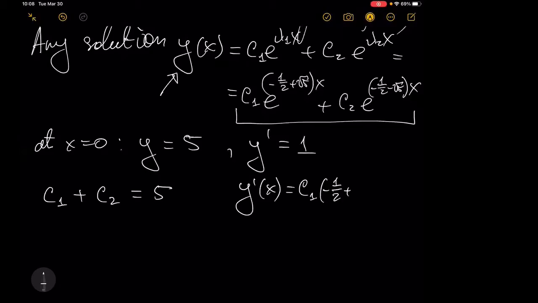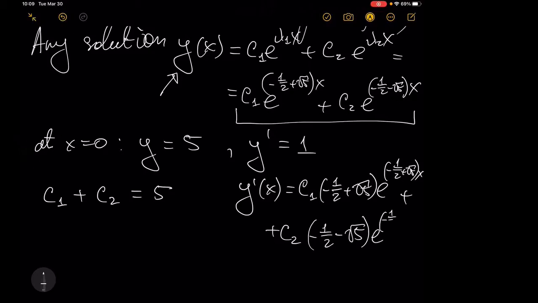Now I need to compute y prime of x, which will be c1 times -1/2 plus square root of 5 times e to the power -1/2 plus square root of 5 x plus c2 times -1/2 minus square root of 5 times e to the power -1/2 minus square root of 5 x.